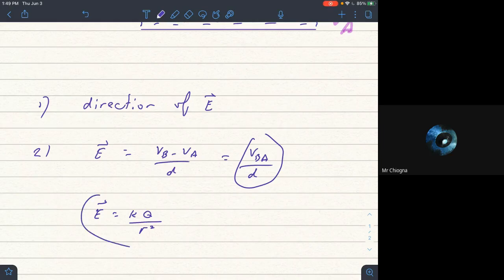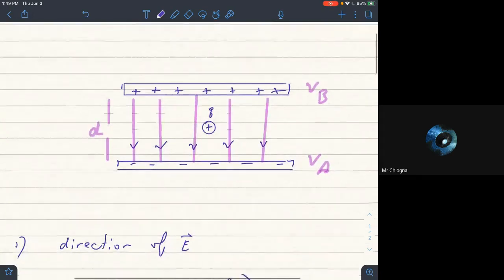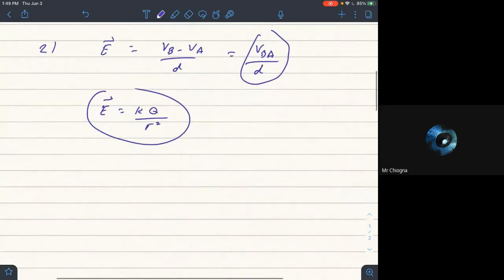Keep in mind that this is parallel plates, that we just were looking at. This equation is used for what's called a point charge. That's a point charge. Draw the field lines around that point charge. Draw them out, see how they're different than the plates.